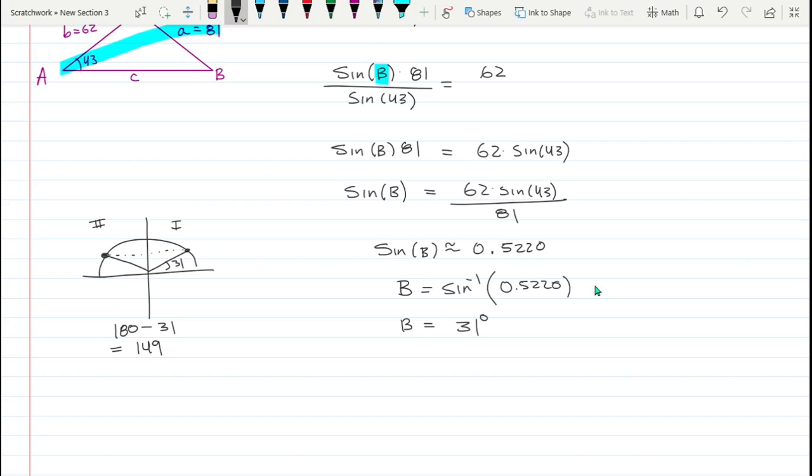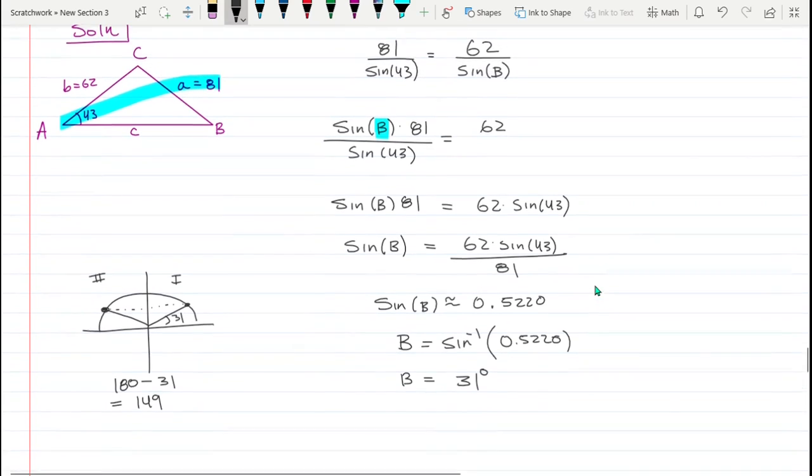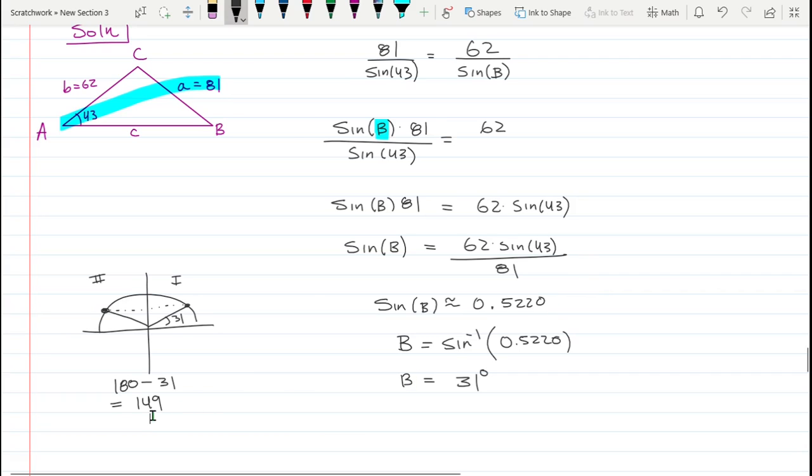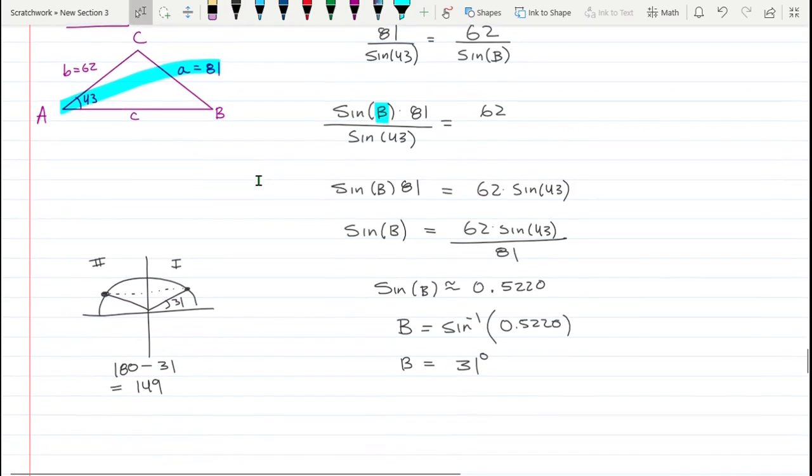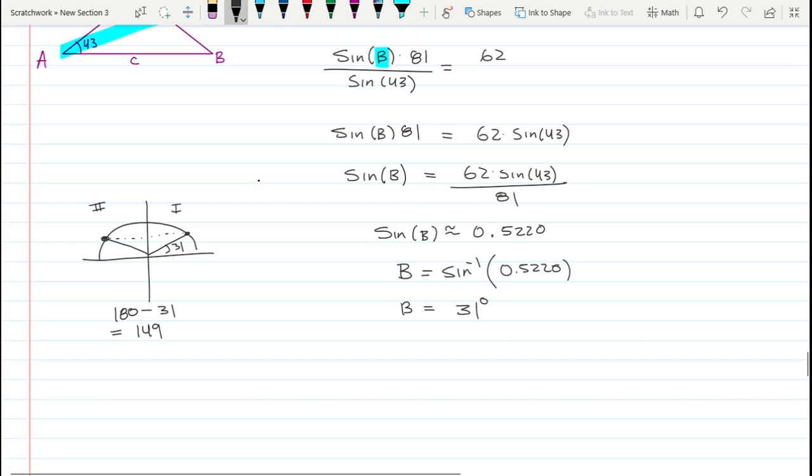So if you add this 149 to what we already know inside the triangle, which is 43, we get something like 192.